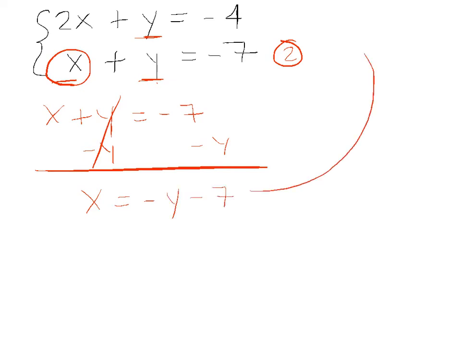And remember, I'm going to plug it in to the opposite equation of what I started with. So if I solve for 2, I'm going to plug it into number 1. And again, it holds the same weight. So wherever I see an x, I'm going to replace it with negative y minus 7.